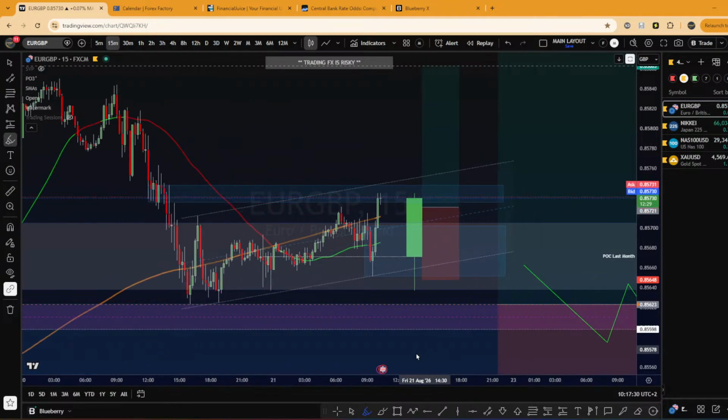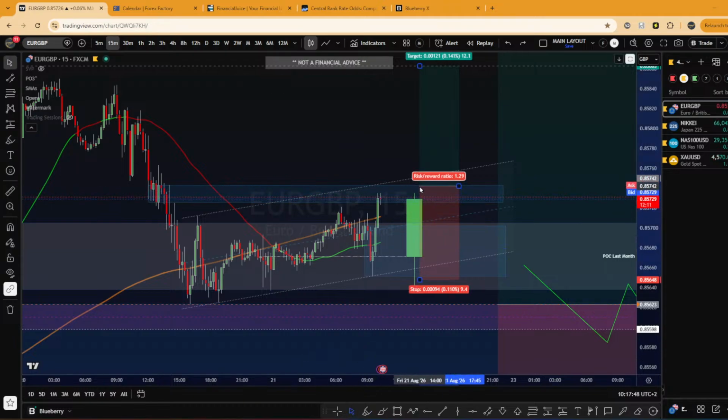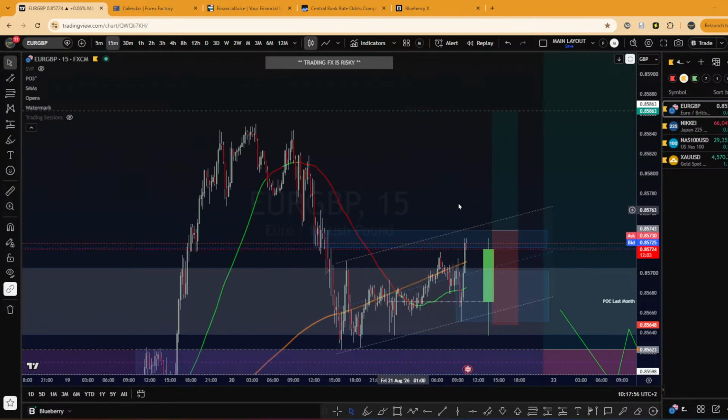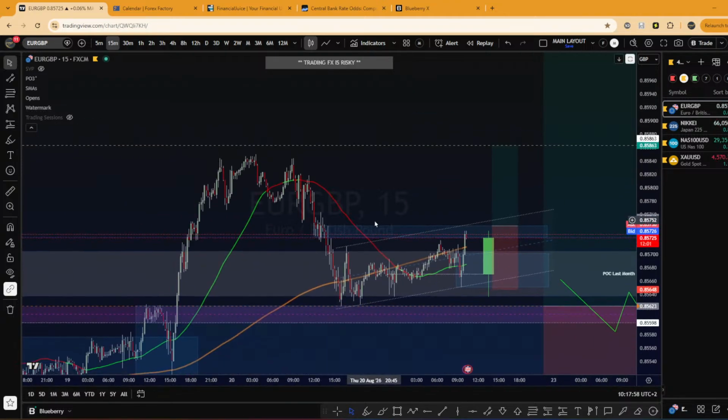So I like to use announcements, this news release, to time my entry, and the fact that we are in London. So yeah, if we break above it, for example, this could make me a nice 1 to 1.26 risk reward.